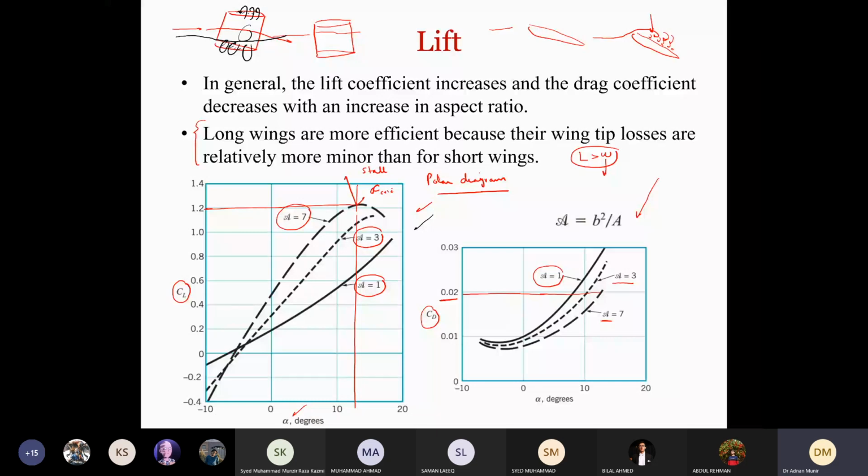So you can imagine the amount of load or weight in tons that aircraft is going to have. And those wings are designed in such a way that they can not only carry that load, but they can lift it also. That means the lift generated by the wing is more than the weight of the aircraft.